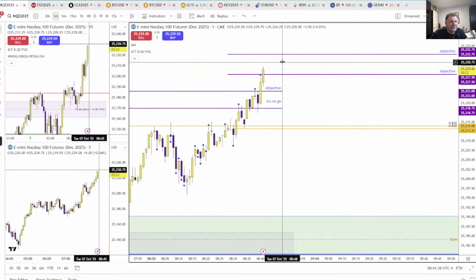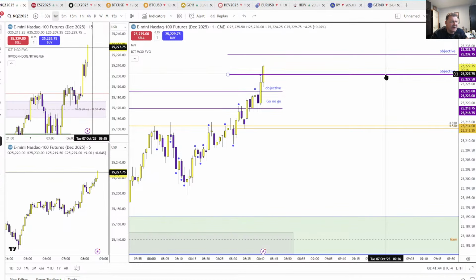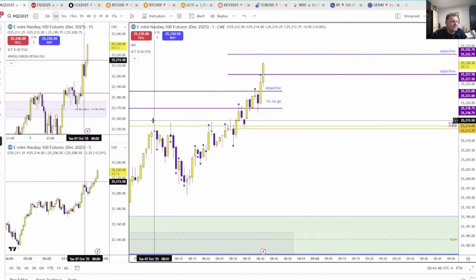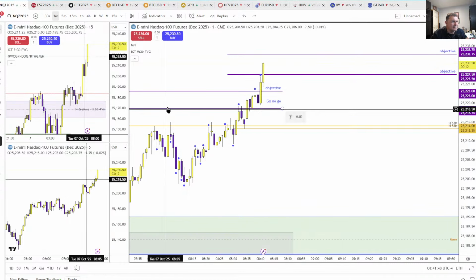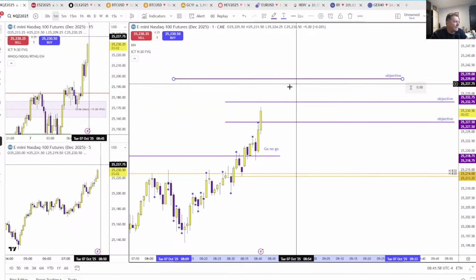So we're looking for this mean threshold right here. That's the last up close candle's mean threshold objective. So I want to see how we act here. And then the next one above that will be right there.